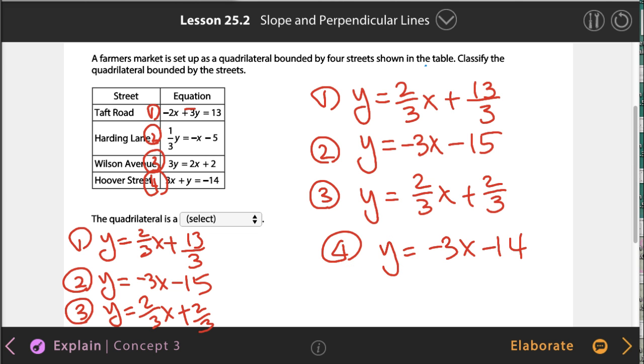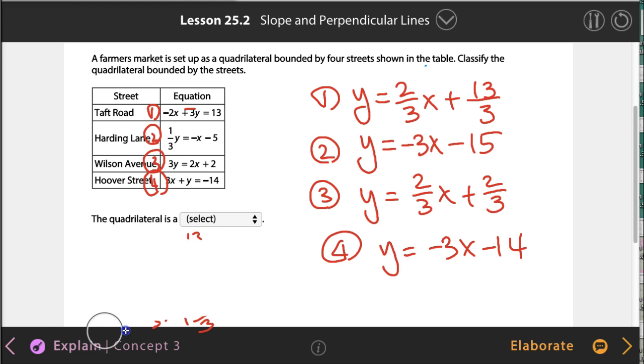All right, now that we have listed our 4 equations, you can already see a pattern, but let's read the question again. A farmer's market is set up as a quadrilateral bounded by 4 streets. Okay, so we have 4 streets and each equation goes with the streets, right? So classify the quadrilateral bounded by the streets.